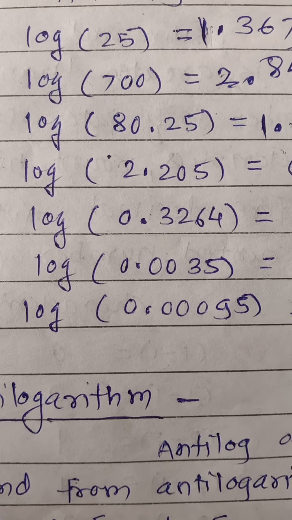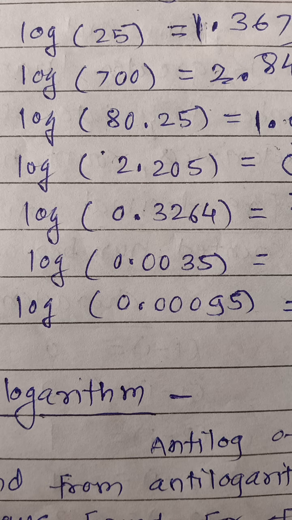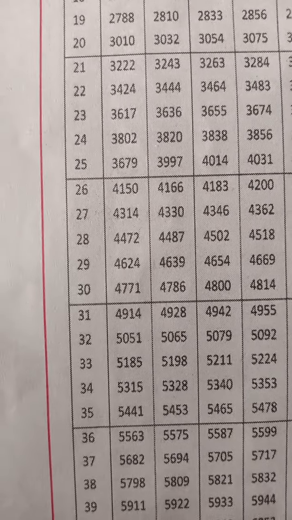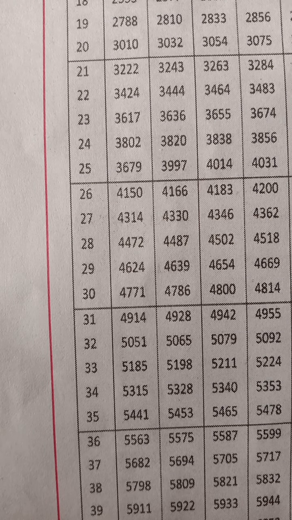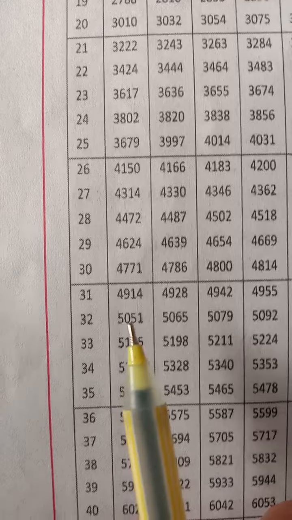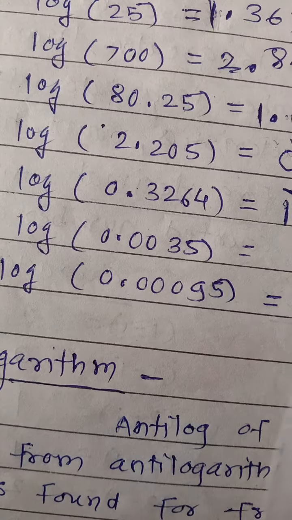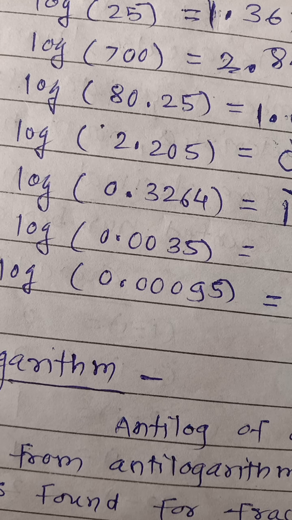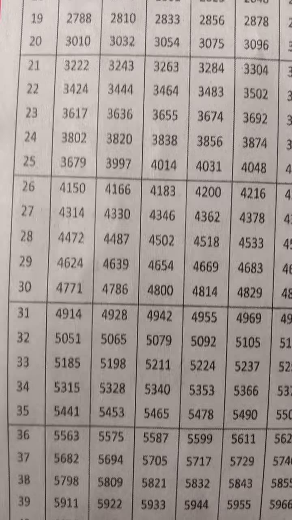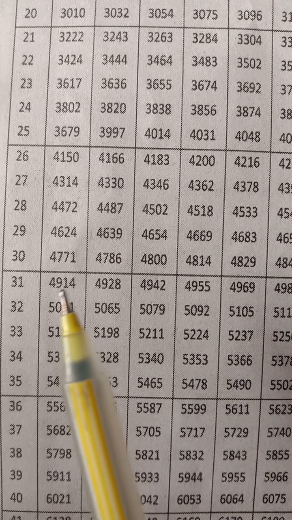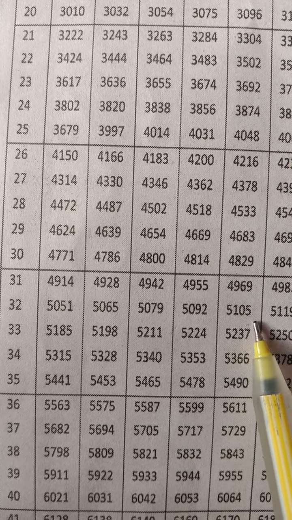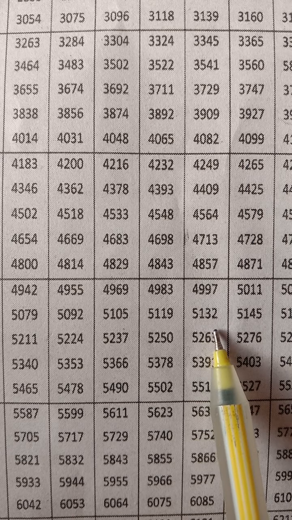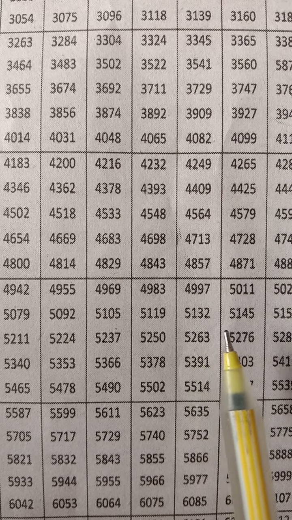So we will find out first 32. Where it is 32, that we will have to find first from this logarithmic table, and therefore we will get here 32. So from this 32 in the 6th column we will have to go, and then the mean difference for the 4th column. So for this 32, 0, 1, 2, 3, 4, 5, 6. So this will be the mantissa, that is 5132.